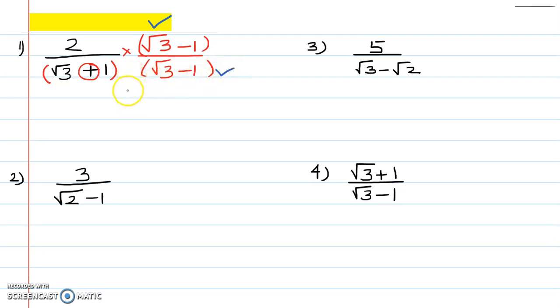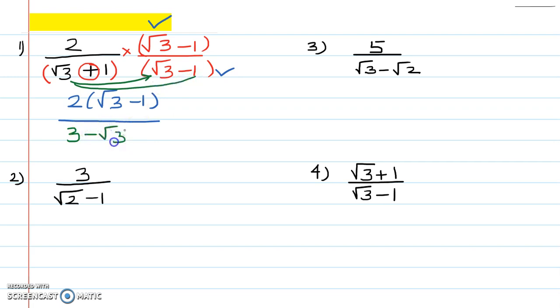Okay, so let's multiply. 2 times root 3, let's leave it because the numerator is already in simplified form. And when you multiply the denominator, root 3 times root 3 is 3, root 3 times minus 1 is minus root 3.